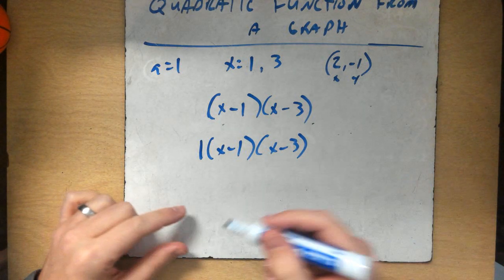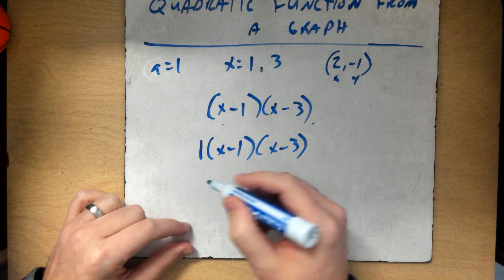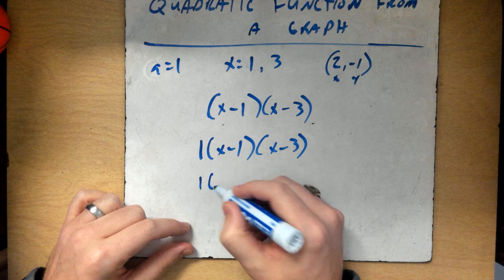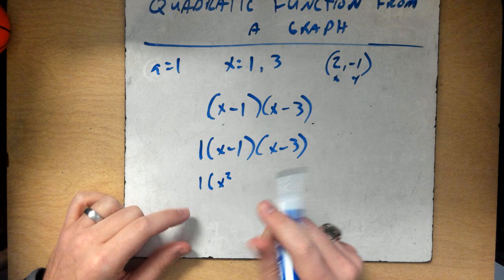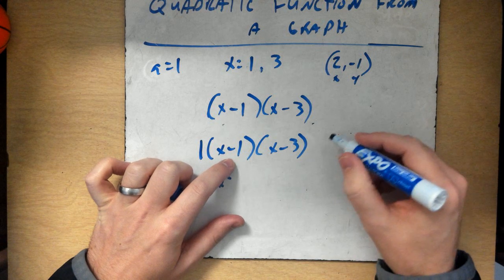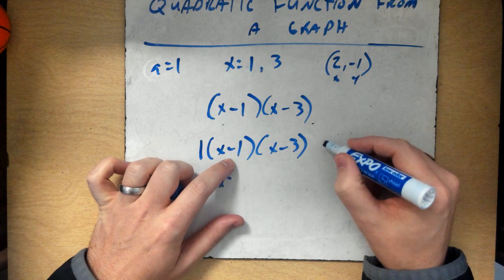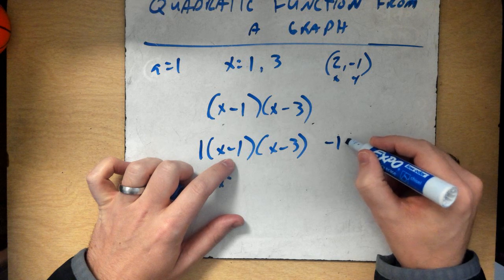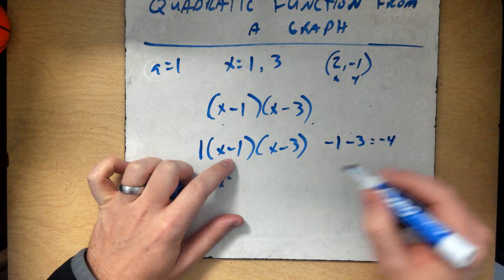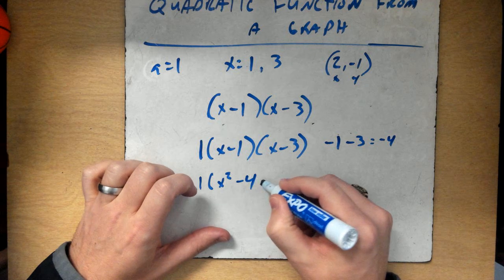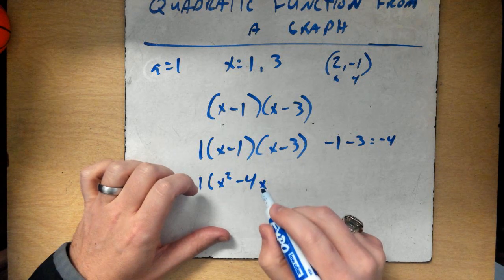So shortcut way. 1 could be in front. I have my x times x would be x squared, and then I'm going to combine these together. So -1 minus 3, and that's a -4. So minus 4x. Remember the x needs to go in the middle there.